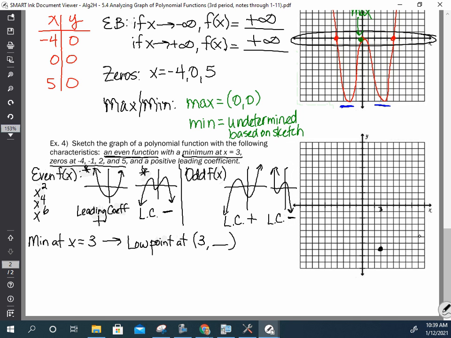Zeros at -4, -1, 2, and 5. So remember, zeros are x-intercepts. That means at -4, -1, 2, and 5, I should have points.